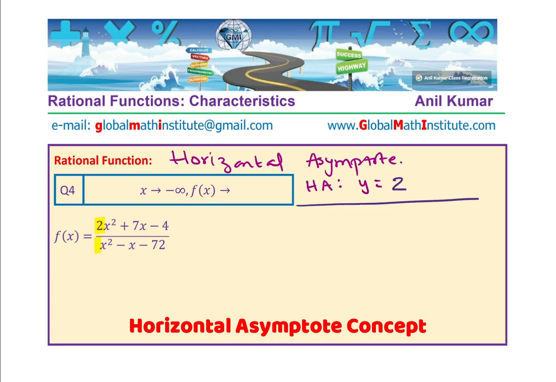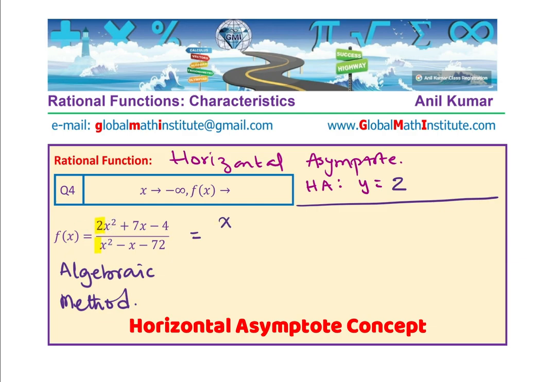Right? However, we'll use an algebraic method to show it. Right? So here is our algebraic method. Very important. So how do we do it? The idea here is to factor out x squared itself from both numerator and denominator.